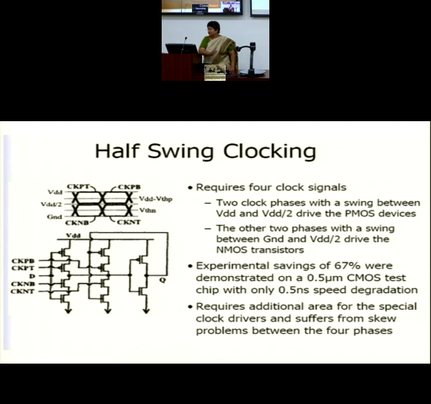So let us see what they did. They actually looked at the C-square MOS, or clocked CMOS flip-flops. We all know what a clocked CMOS flip-flop is, and how to configure it. You can have a refresh path also. You can have a static implementation or a dynamic implementation.